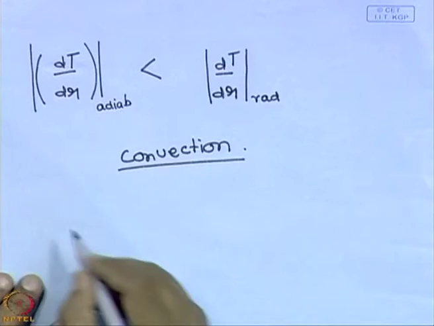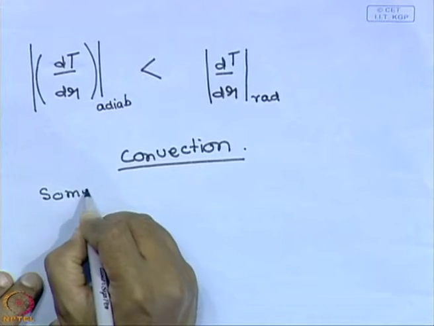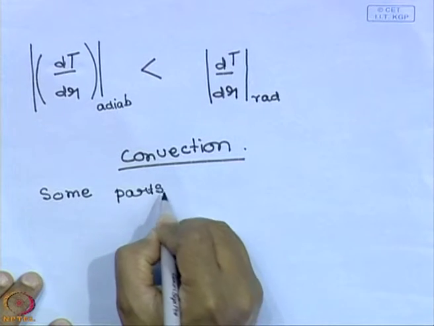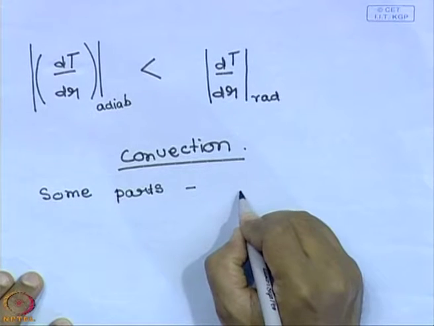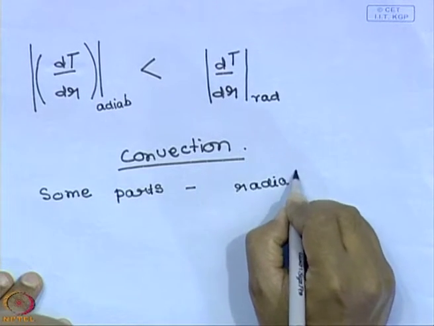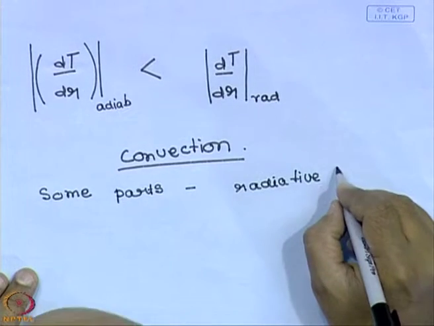So, in some parts of the star, you will have radiative transport of energy. This condition will not be satisfied.